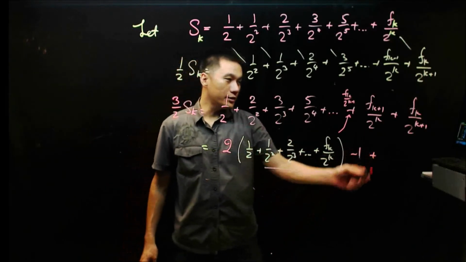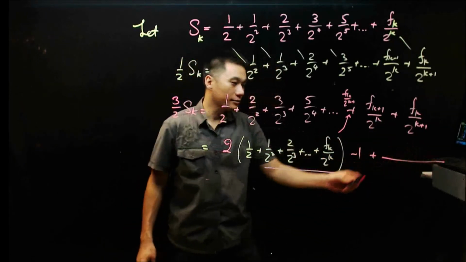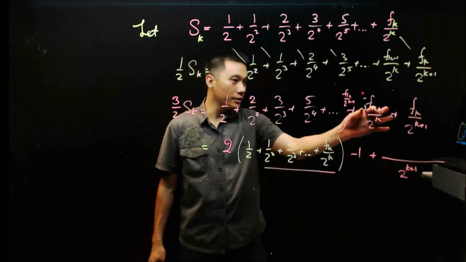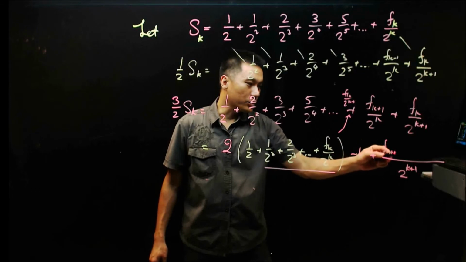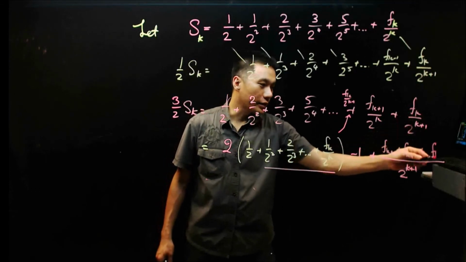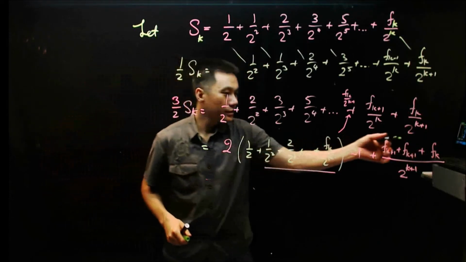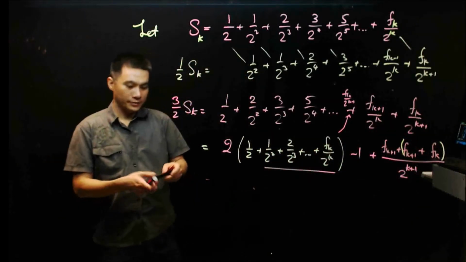And for this, I can combine them as 2^(k+1). This will be F_(k+1). You have two of them, and you have F_k. Right? And note that these will give me F_(k+2).